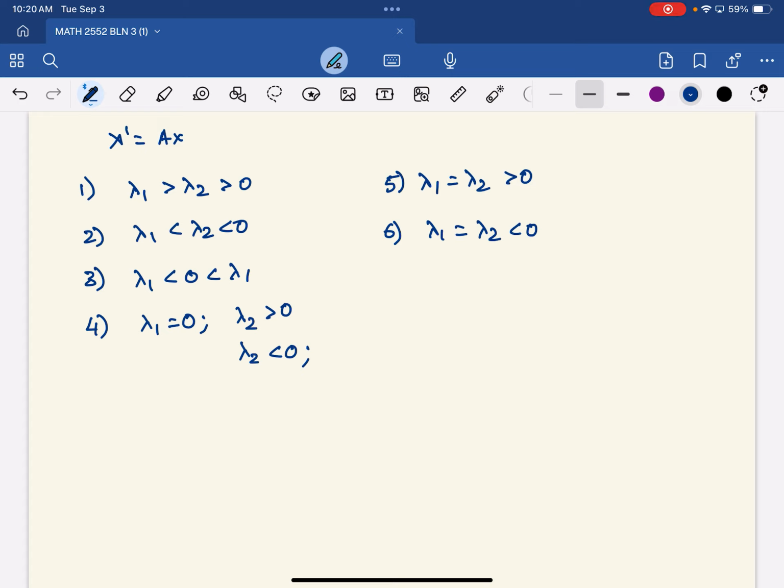Then the third possibility is I could have complex eigenvalues where my real part is positive, or where my real part is negative, or where my real part is equal to 0. That means purely imaginary. So these are the 9 cases that will arise out of systems of first order homogeneous equations. How beautiful, right?